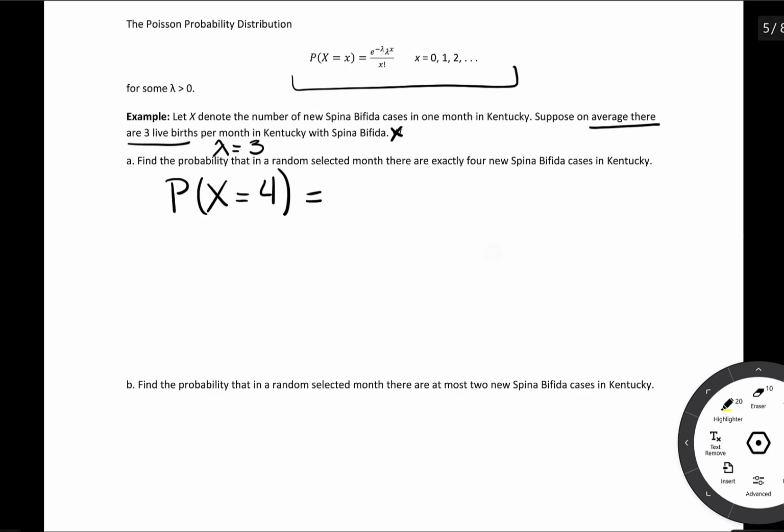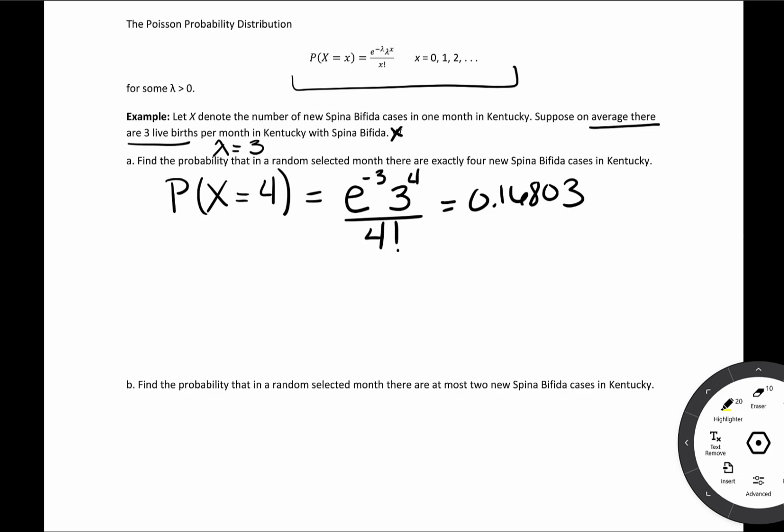So from here we can fill in our formula. And then if you put that in your calculator, you will find that that is equal to 0.16803. So that is that probability. We have about a 17% chance in a month in Kentucky of having 4 new spina bifida cases.